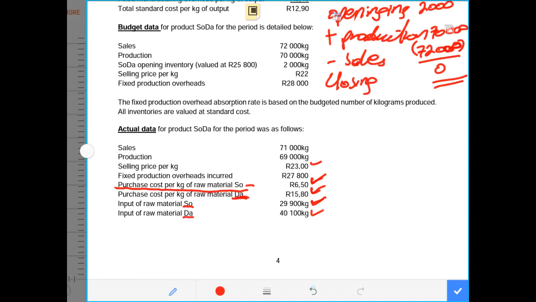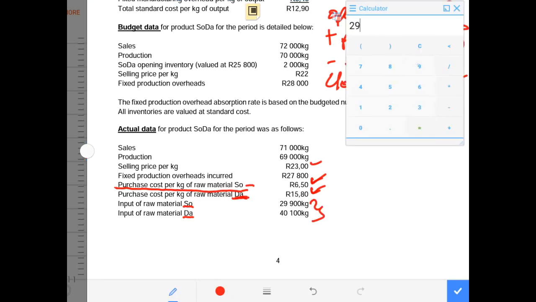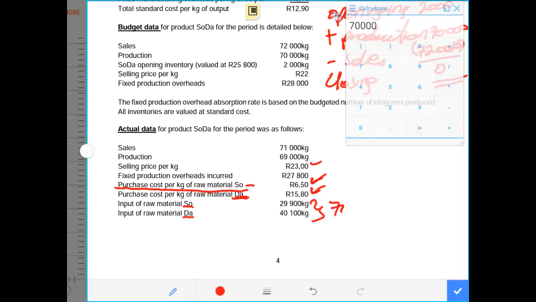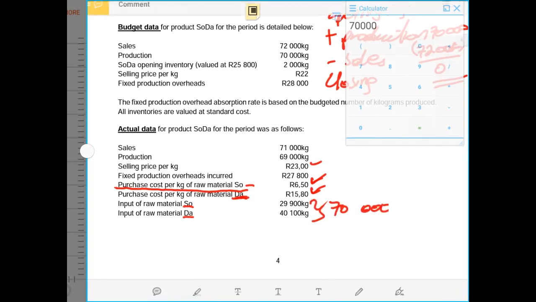So the material that was issued to production will be 29,900 plus 40,100, meaning our actual input will be 70,000 kgs, and this 70,000 kgs is also in units because we are producing a product that is in kgs and we are using kgs. So now this must have been the kgs that were used in production.